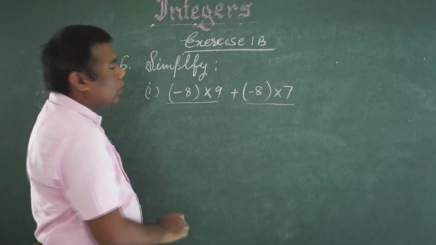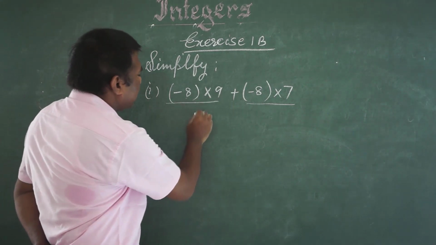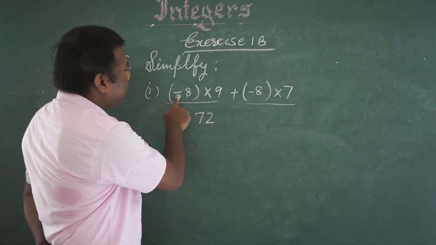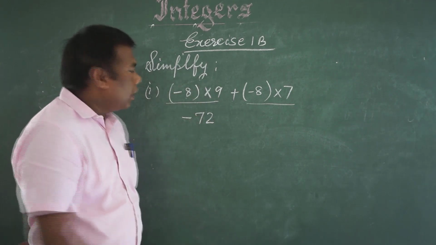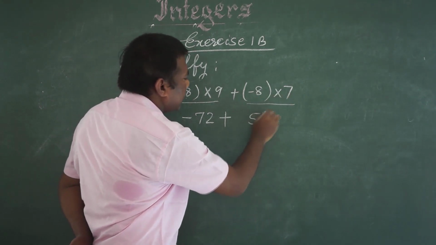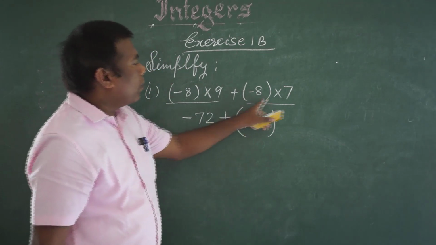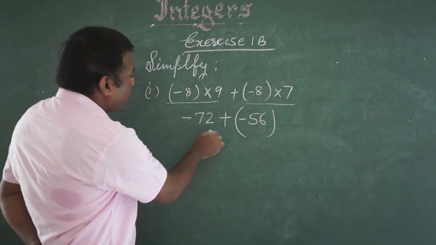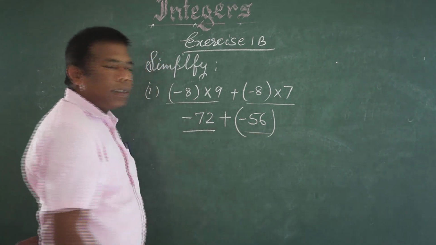So first we multiply. 8 times 9 is 72. Because opposite signs are there, the sign will be negative. Plus 8 times 7 is 56. Again the sign will be negative, because opposite signs are there. Now you need to add minus 72 and minus 56.